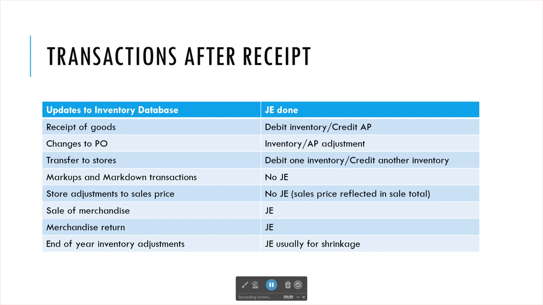So when we look at our general ledger, we have an inventory account. Yes, it's listed. But we also have separate inventory accounts by location. So you will be debiting one inventory account by location and crediting another inventory account by location.